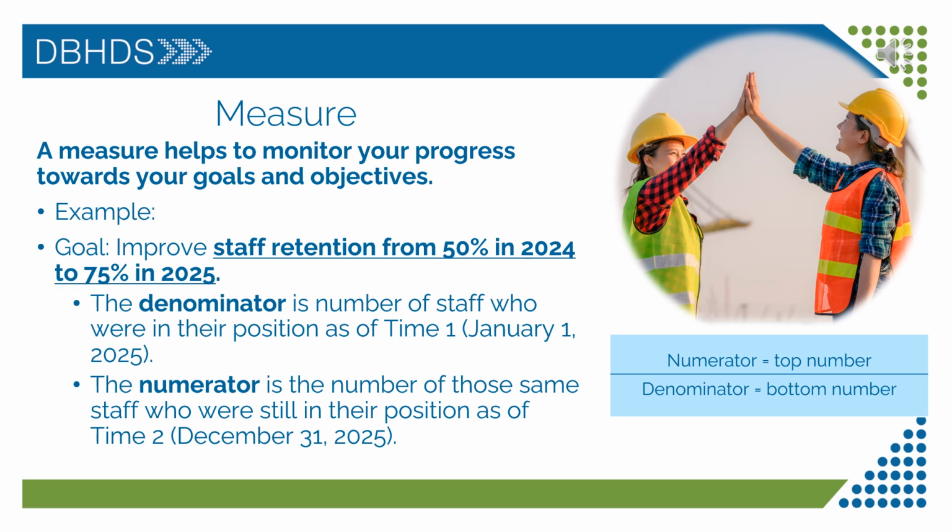They have decided that their measure is going to be staff retention, measured by a denominator being the number of staff who were in their position as of time 1, the beginning of the year, January 1st, 2025. And the numerator is going to be the number of those same staff who were still in their position as of time 2, the end of the year, December 31st, 2025.